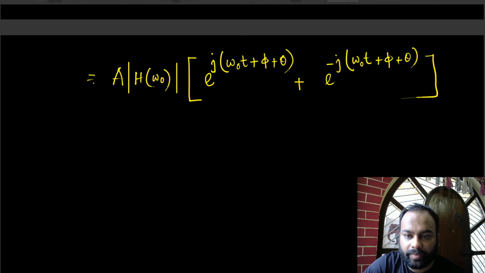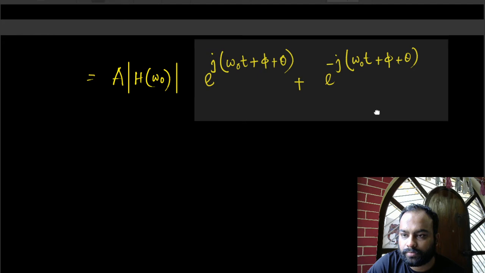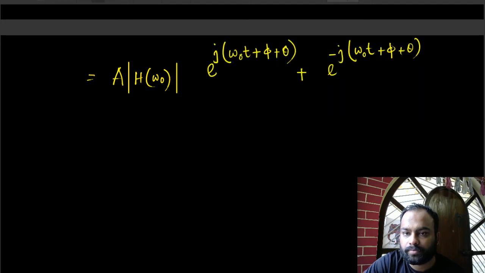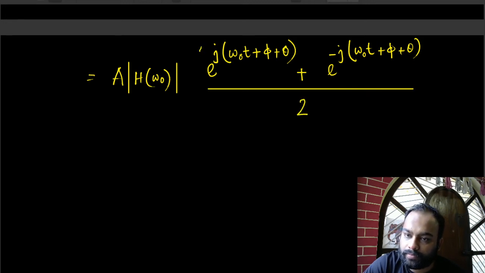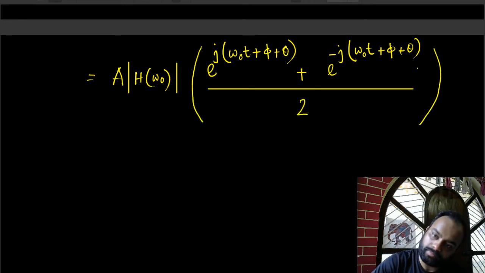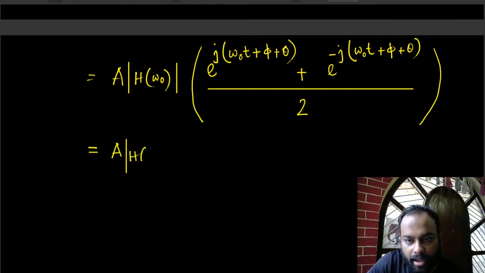So I have A, and this is just like e to the power j theta plus e to the power minus j theta by 2.